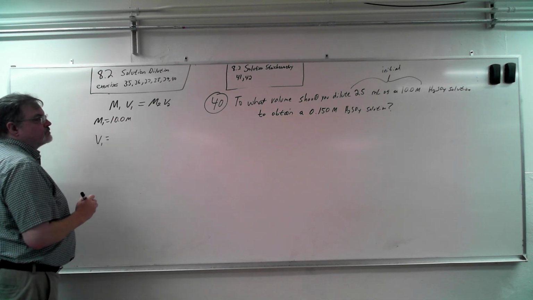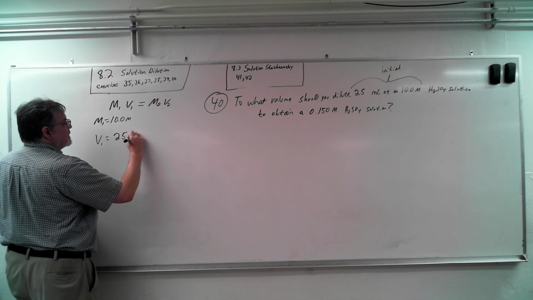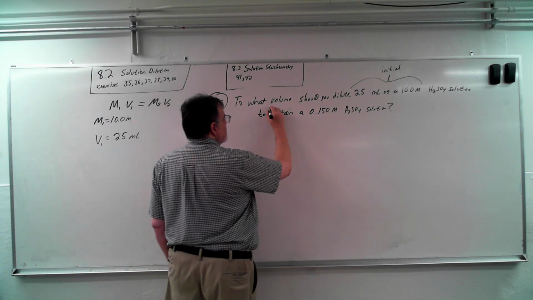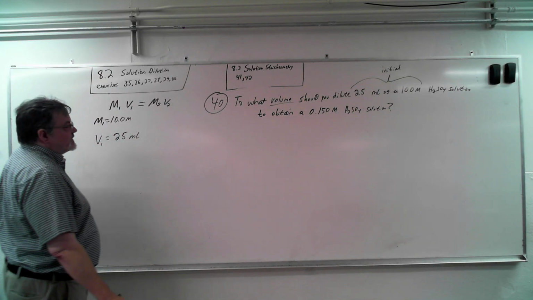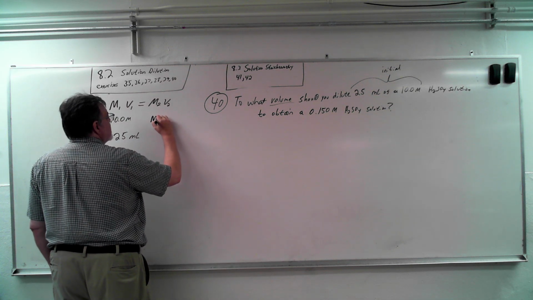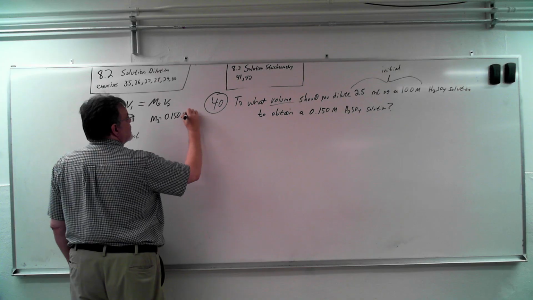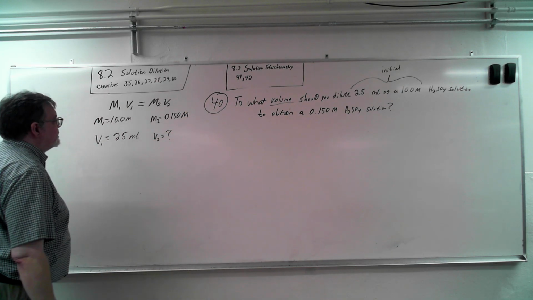V1, 25 milliliters. It asks for volume, but it doesn't say liters, so we can just use milliliters. This is the final concentration we need to get to, and V2 is what we're trying to find.